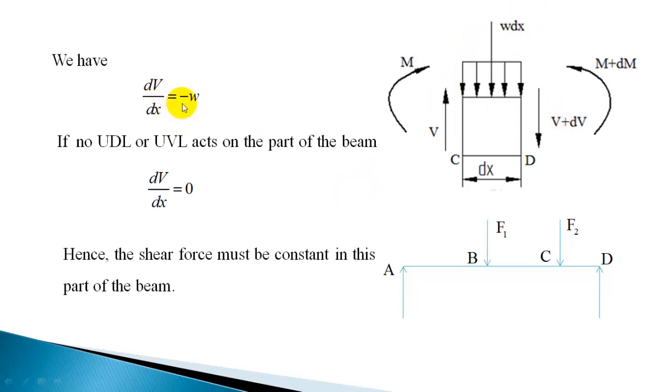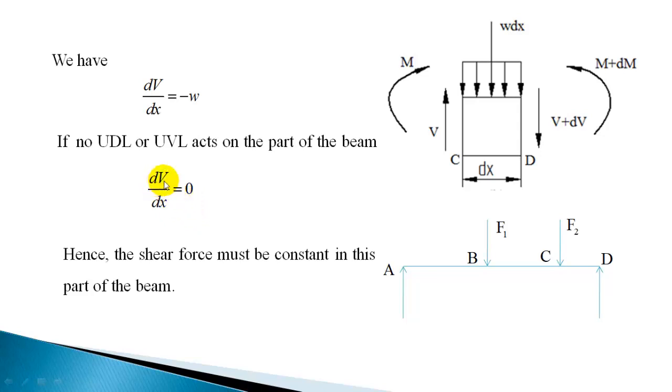dV by dx is equal to minus w, that is, we have obtained dV by dx is equal to minus w. So w stands for the rate of loading. So when there is no rate of loading, no distributed load on part of the beam, then that w will be 0, and you get dV by dx is equal to 0.